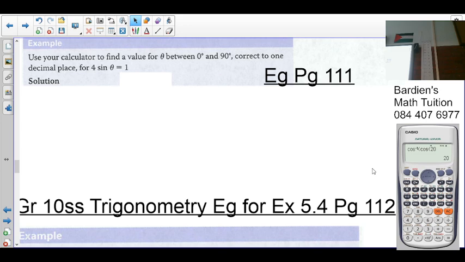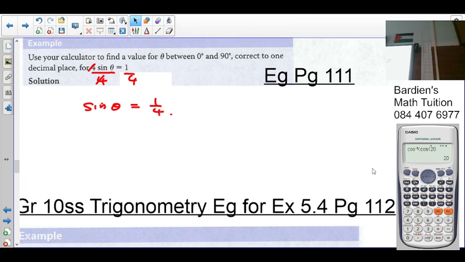That's the first thing I need to do. I can't say arc sine both sides because there is a 4 in front of sine. You guys understand? So what do I do first? I would divide by 4 both sides. So I would get sine of theta equals 1 over 4.